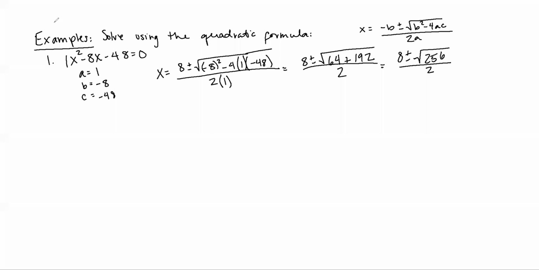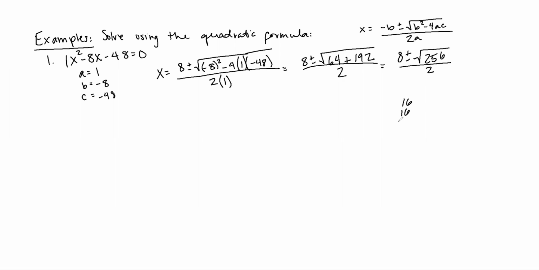Sometimes you'll end up with numbers that are pretty nice. Sometimes you'll end up with ones that are not perfect squares and you have to simplify it down. 256 is a perfect square. It's one of those that's a little bit bigger, so you don't see it a whole lot, but you can test numbers to see what that would give you.